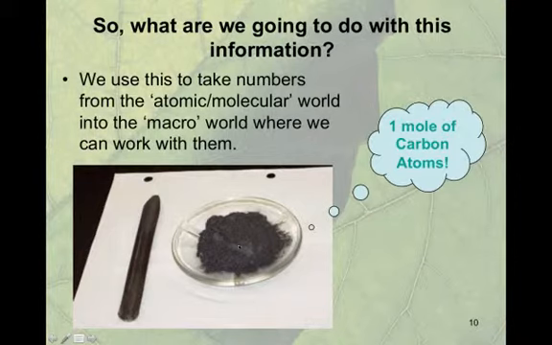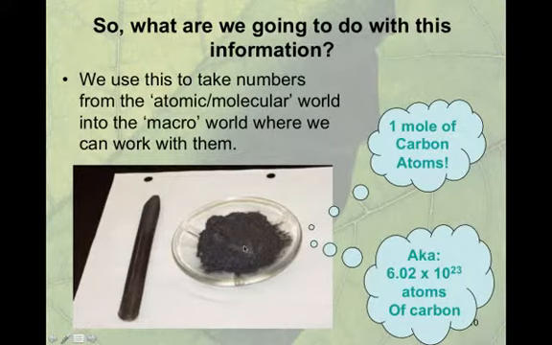This is a picture of a mole of carbon atoms. Notice this is one of our scoopulas, just to give you some scale. And here we have a mole of carbon atoms. Of course, that means we have 6.02 times 10 to the 23rd atoms of carbon.